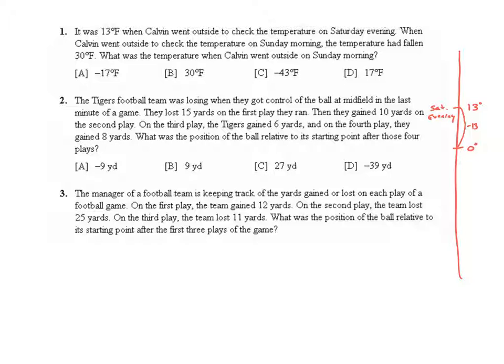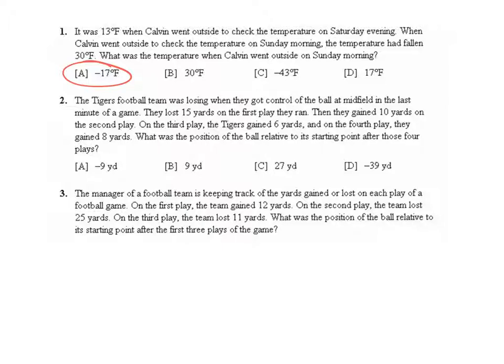Well, the difference between 13 and 30 is 17 more degrees. So we need to go down another 17 degrees, and we'd end up at negative 17 degrees on Sunday morning. So our answer is negative 17 degrees when Calvin went outside on Sunday morning.